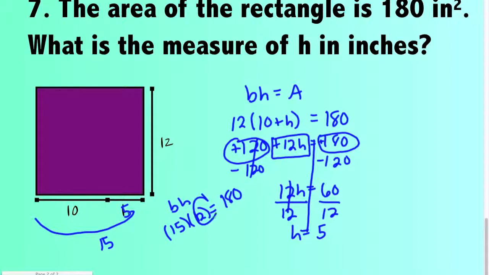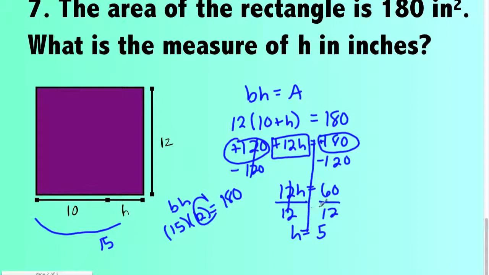And I've been saying h as in height, but h is just a variable in this question, so I apologize for that. You're finding h, so you're finding the measure of h in inches. You knew that 10 plus this h would be your base of this rectangle, and 12 was your height. Base times height is how you find the area of a rectangle. We multiplied 12 times 10 plus h, equals 180.